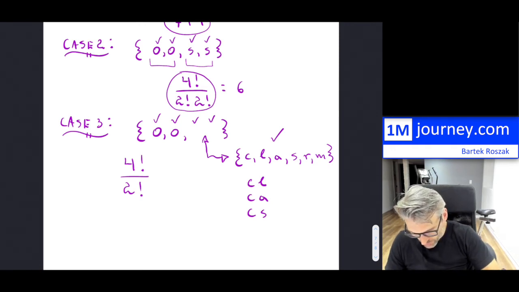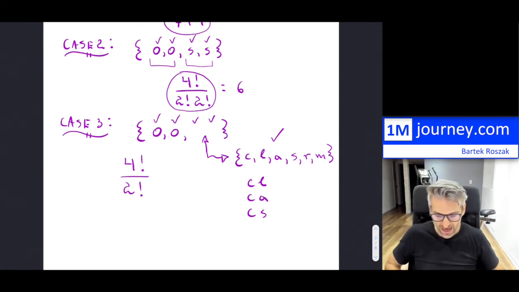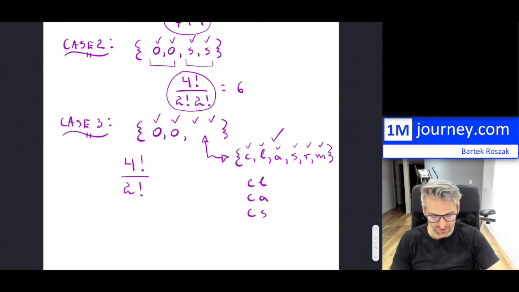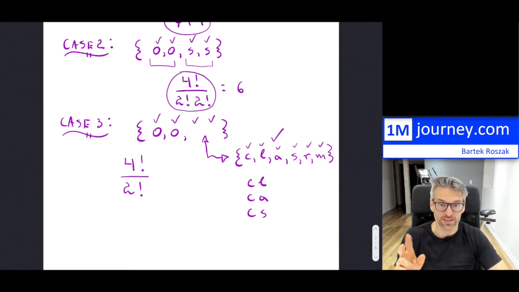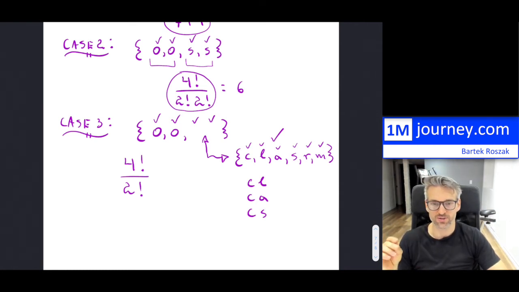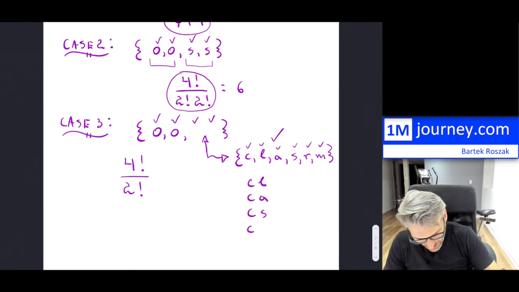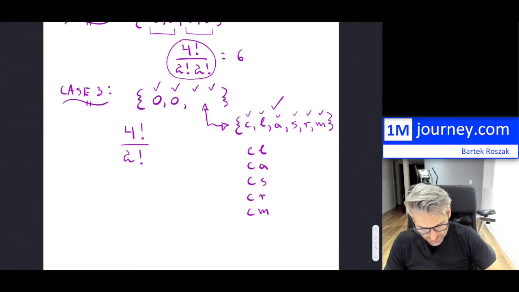Now, if you would do all of that, if you did CL, CA, really what you have is 1, 2, 3, 4, 5, 6 different letters, and you're only choosing 2 of them that you like. Now, the order here doesn't matter because if you say CL or LC, they're still the same letters, and then they're being rearranged there. So I have CL, CA, CS, and of course I would have CR and CM. So that takes all the C's in, and then I would do the same thing.